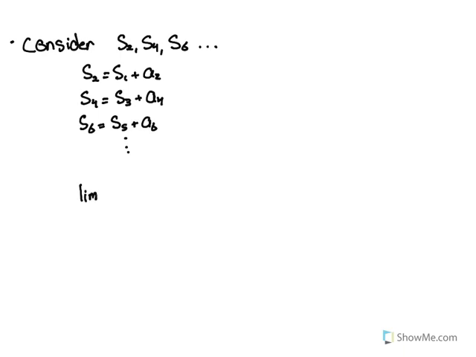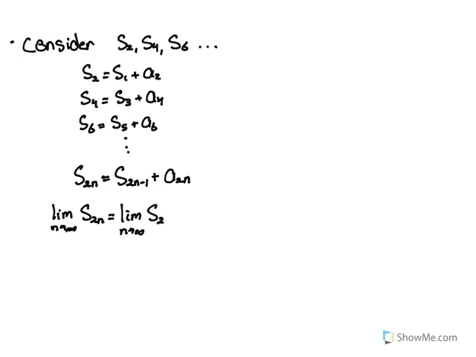So then more generally, if I just write S_{2n}, this is equal to S_{2n-1} minus a_{2n}. So if I compute the limit for the even partial sums, so the limit as n goes to infinity of S_{2n}, this is equal to the limit as n goes to infinity of S_{2n-1} minus the limit as n goes to infinity of a_{2n}.